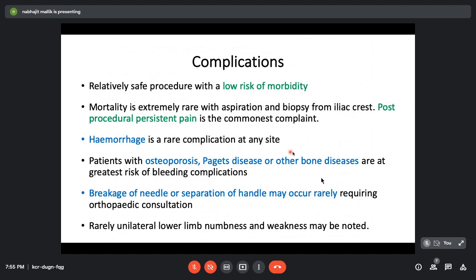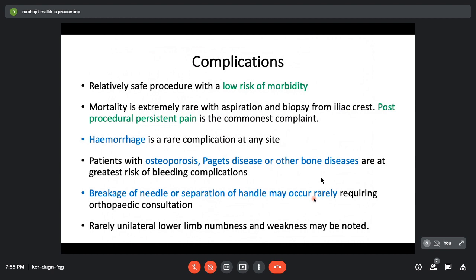Hemorrhage is a very rare complication at any site. However, you know that patients who have bone disorders and also who have thrombocytopenia can have bleeding complications, especially patients who have a bleeding disorder. It's really risky to do bone marrow procedures in patients who have bleeding disorders. Now, breakage of the needle or separation of the handle can also occur very rarely, and this would require orthopedic consultation.